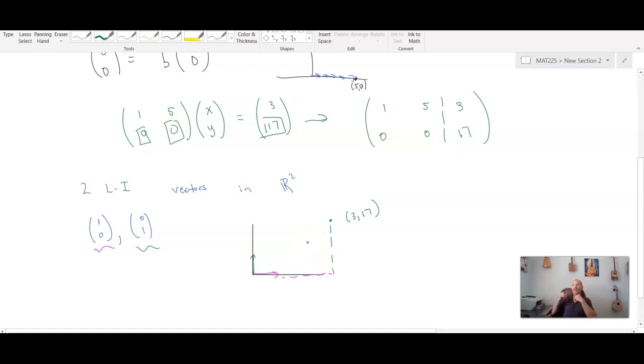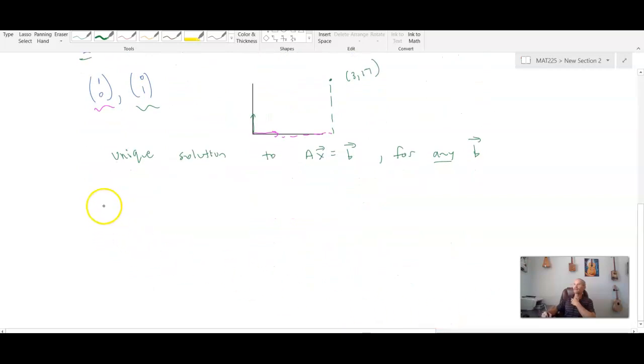So linearly independent vectors, specifically if I have two linearly independent vectors in R2, allow me to guarantee that I'm going to have a unique solution. So this will have a unique solution to Ax equals b for any b.